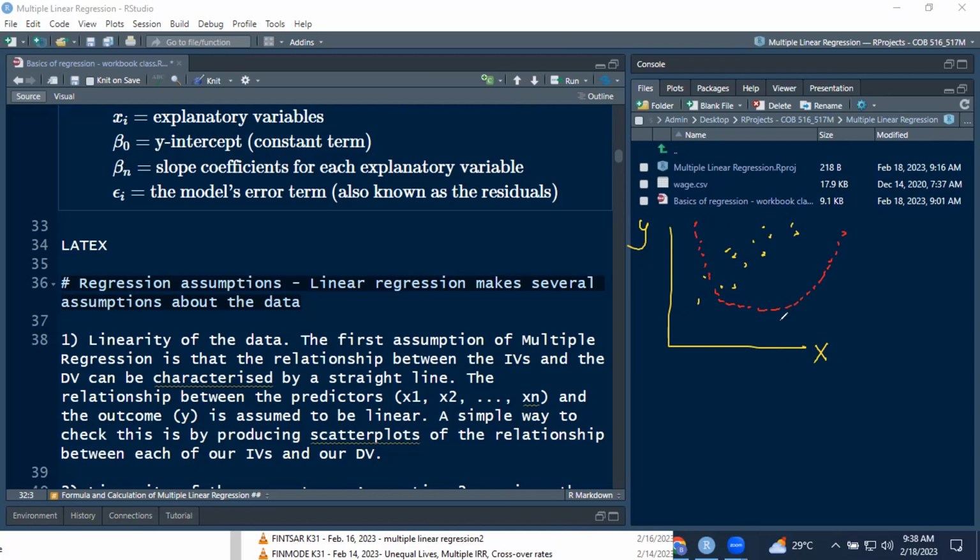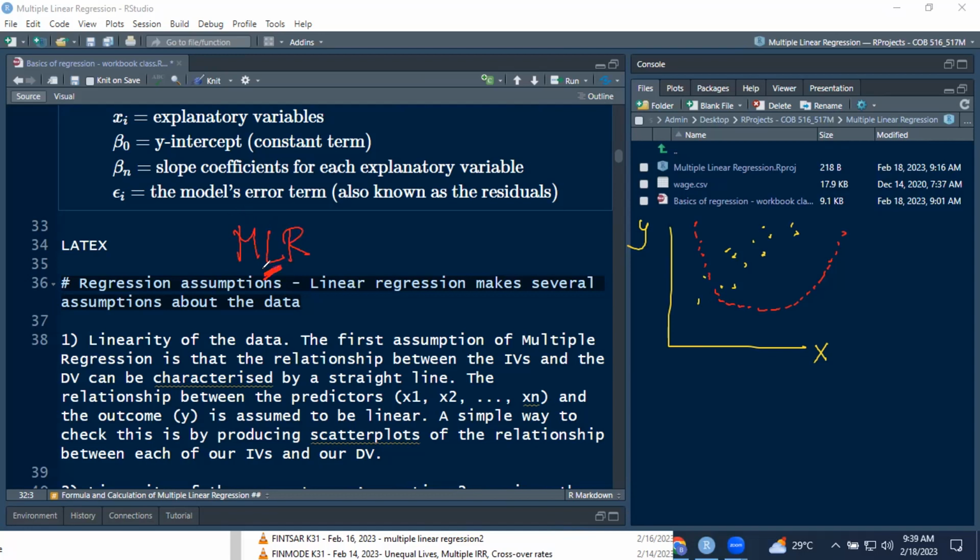If y and x behave this way, the relationship is more quadratic rather than linear, then we cannot use the multiple linear regression or the ordinary least squares multiple linear regression model.